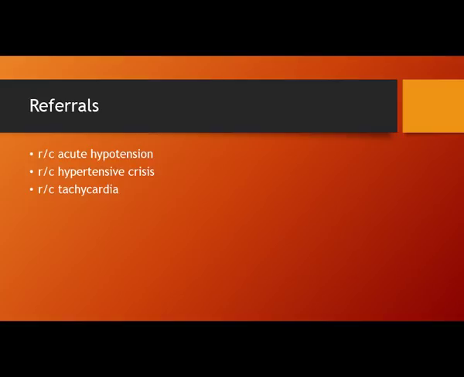Well, try a fluid bolus, and then we try the bolus, and that still doesn't raise the blood pressure. But then we could also get hypotension that's so severe we think that the patient is about to code. So then we would maybe want to call a rapid response and basically refer that client to the rapid response team.